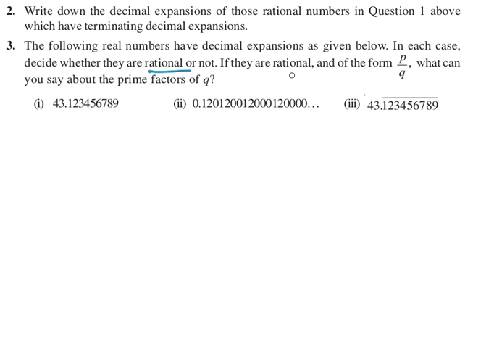If they are rational numbers, of the form p by q, what can you say about q? First we'll identify which will be rational numbers. If it is terminating, it is a rational number. If it is repeating, it is a rational number. This one is not terminating and not repeating. It is a non-repeating pattern. So it is not a rational number. So this is an irrational number.